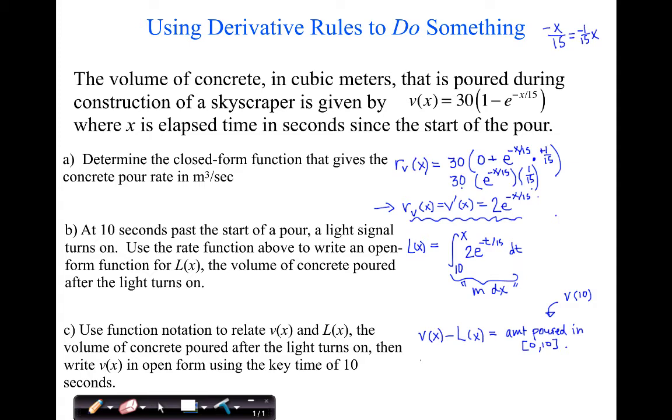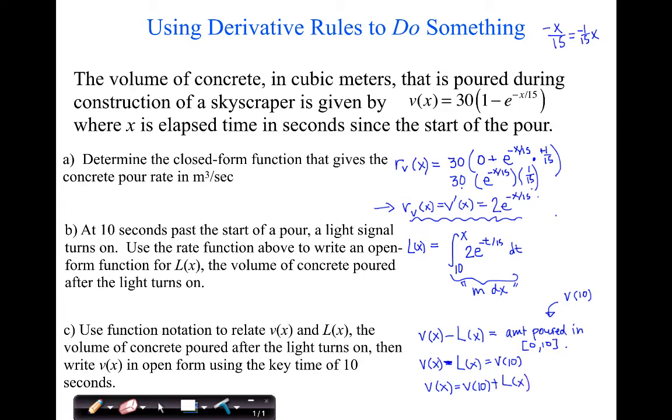But I could say that V of x minus V of 10 equals L of x. Or we could write this in lots of other formations. I could say V of x equals V of 10 plus L of x.